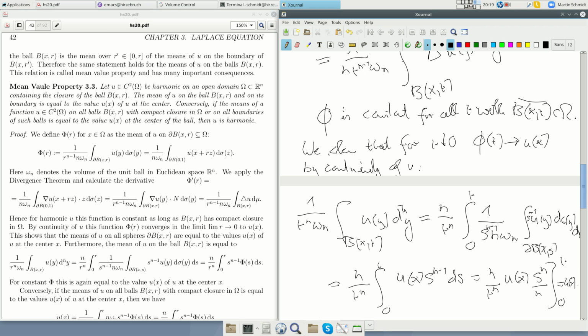So we first proved this for the boundary of the balls, and then we used polar coordinates to calculate the mean over the ball as an integral over the means over the boundaries of all balls of radius s, where s runs from 0 to r. Also maybe I write this differently to make this more clear.